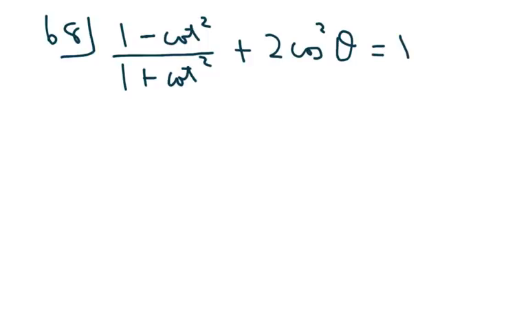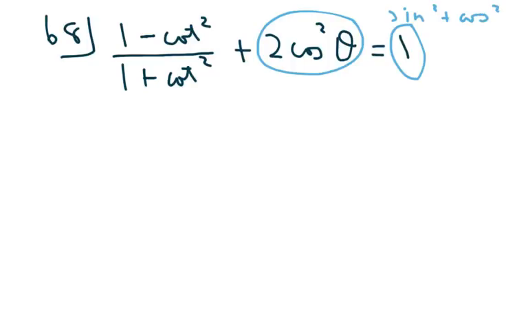Okay, 68. My final answer, we want it to be 1. So what I'm going to do is I'm going to write all of these. I'm hoping on 68, this 1, and basically because I have this here, I'm hoping this is sine squared plus cosine squared. I might be wrong, but that's the route I'm going to go.